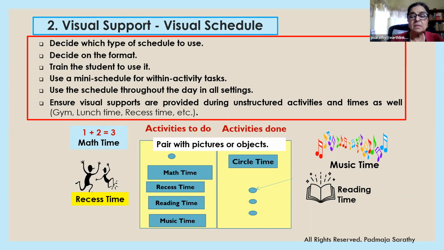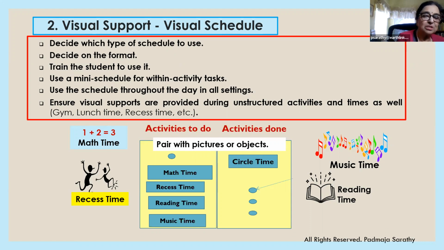As they complete each of the activities, always pair these with pictures. As the activities are completed, train the student to move the activity that is finished to the activities done or activities finished, and then remind the student of what is next.